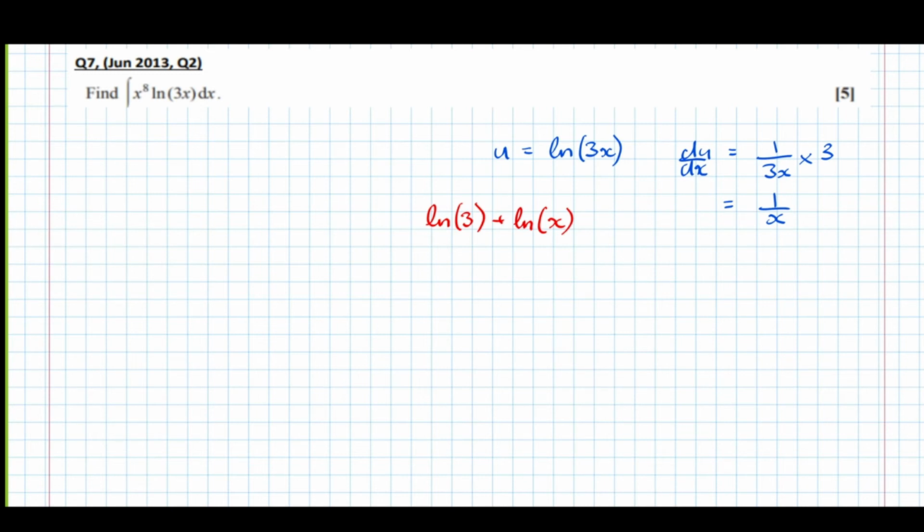So by multiplying by that 3, we're actually doing a translation of the graph. We're moving it in the y direction 3 units. By just translating a graph upwards, the gradient at any particular x value stays the same. So that's why log of 3x has the same gradient as log of x.